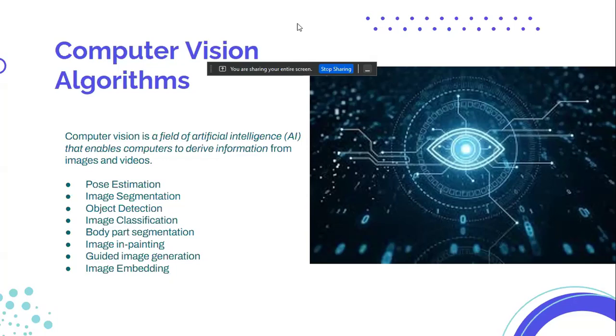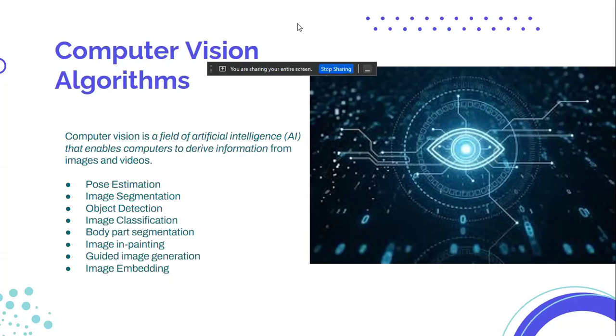Those are just some of the terms that are usually interchanged. So you'll hear some people say AI, some people say machine learning, some people say deep learning, but they kind of mean the same thing.